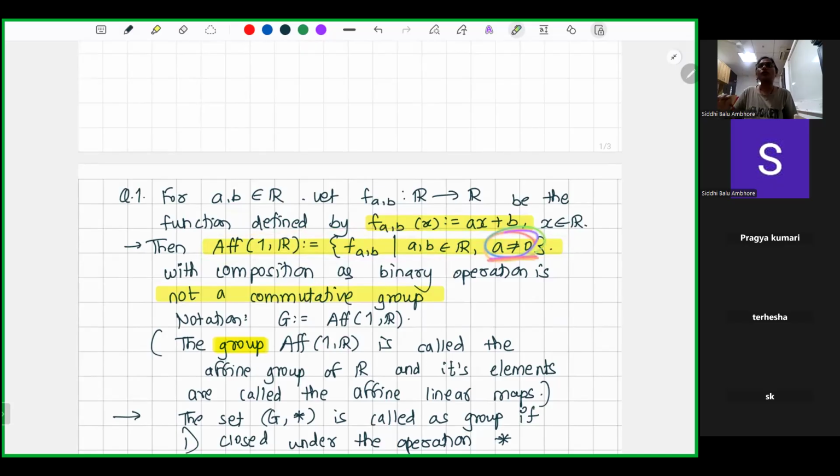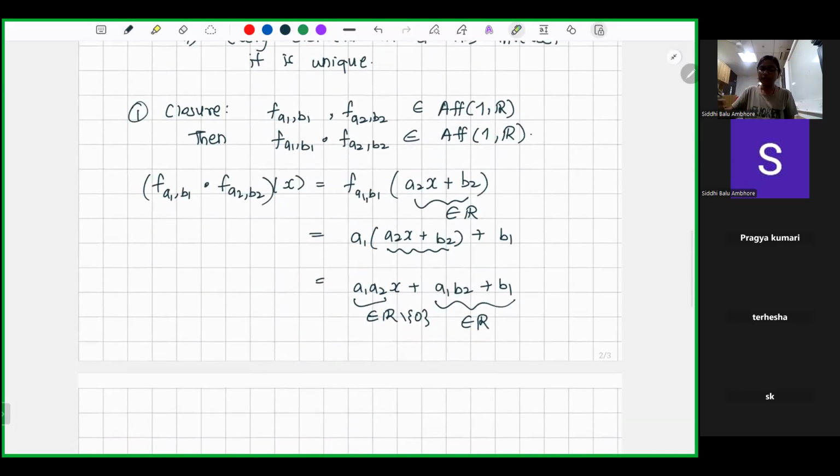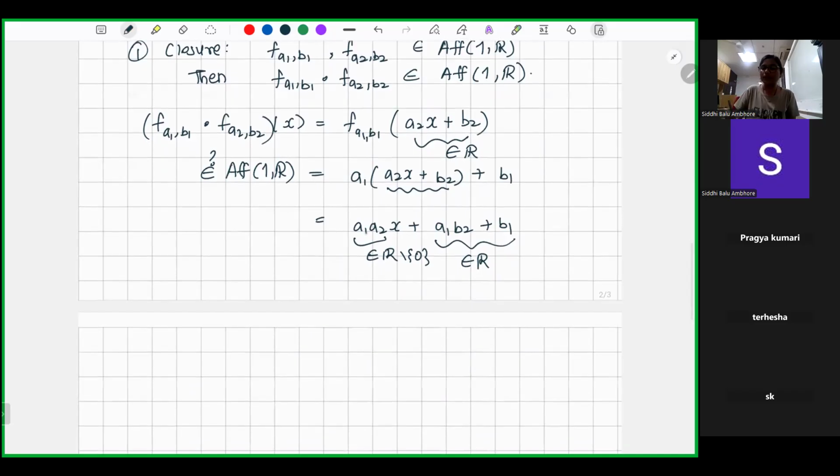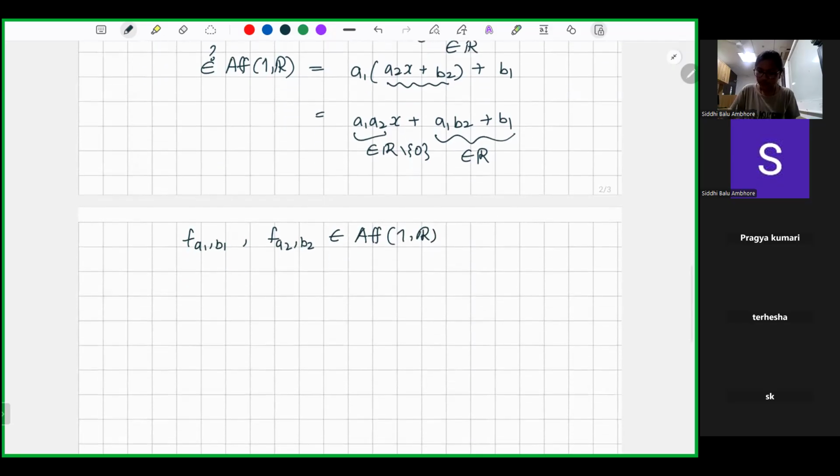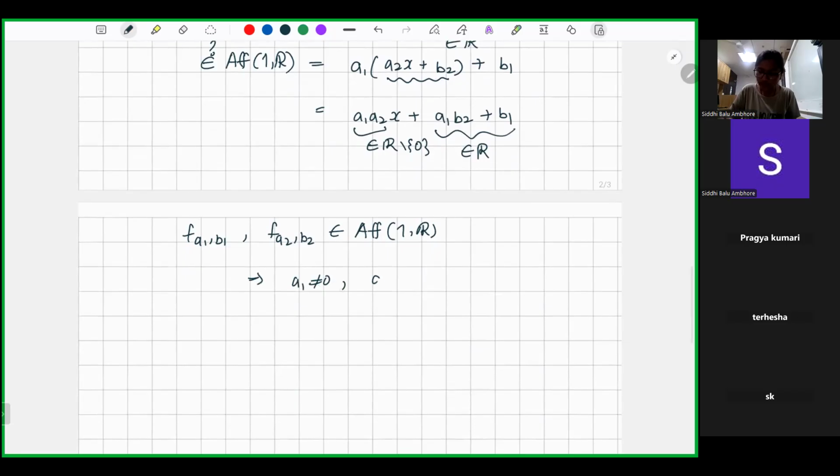In order to say that this element belongs to Aff_1(R) or not, what I need to check is whether a1 a2 is non-zero or not. Note that we chose f_{a1,b1} and f_{a2,b2} both from this affine group. So this implies that a1 is non-zero and a2 is non-zero, so the product a1 a2 must be non-zero.